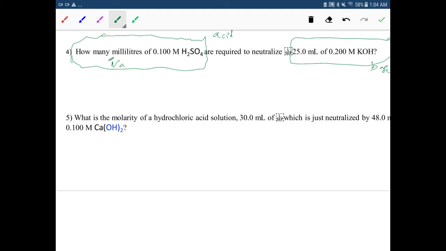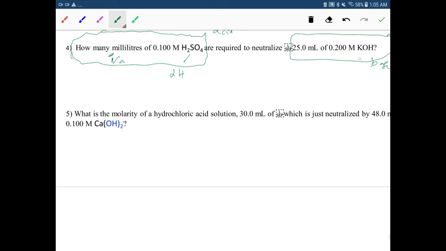For this question, notice that it's H2SO4, so per each formula of H2SO4 there are 2 hydrogens. In KOH there is only 1 OH per KOH.